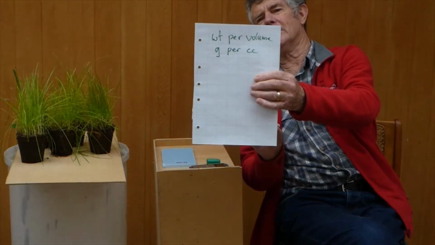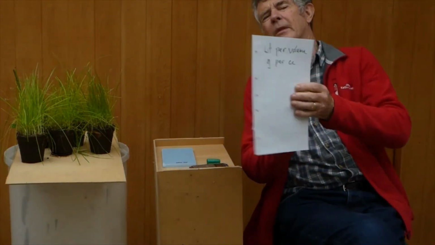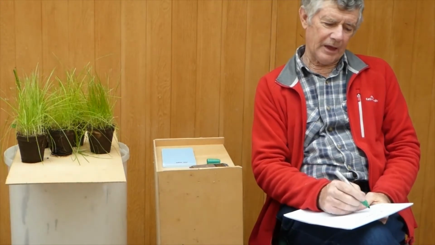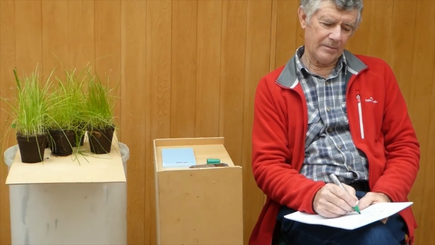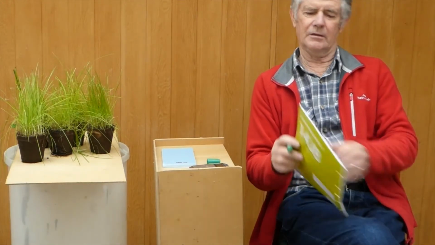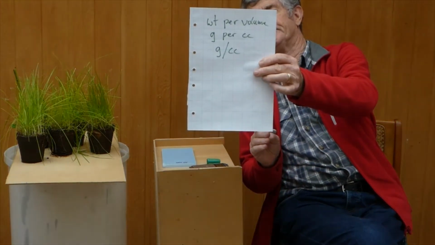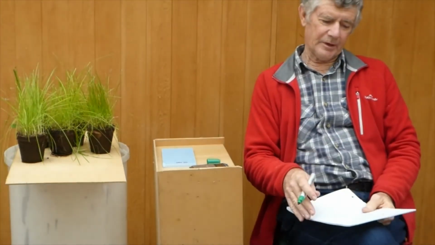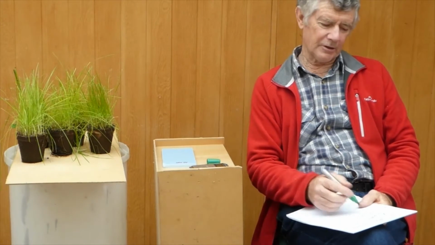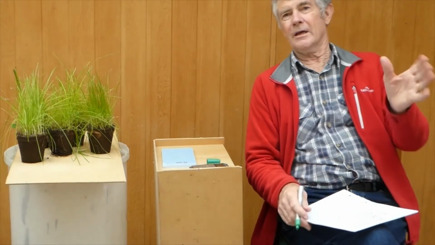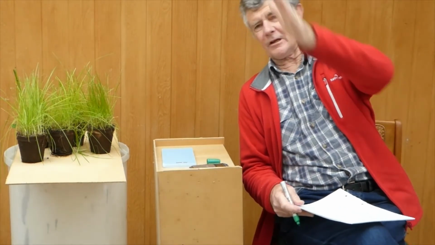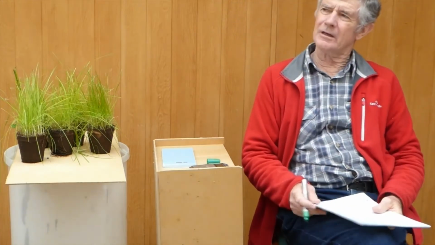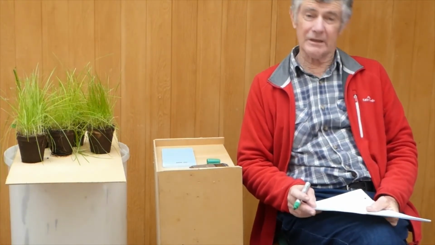Grams per cc. Now, another way you can write that is grams slash cc, like so. There's a lot of things like that, like kilometres per hour. You write km slash hour. So that's the number of kilometres that you travel in each hour.